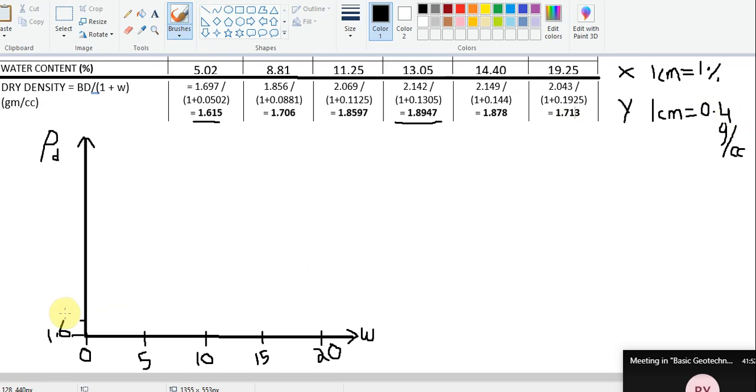So the next division will be 1.64. So this will be 1.68, 1.72, 1.76, 1.8, 1.84, 1.88, 1.9.